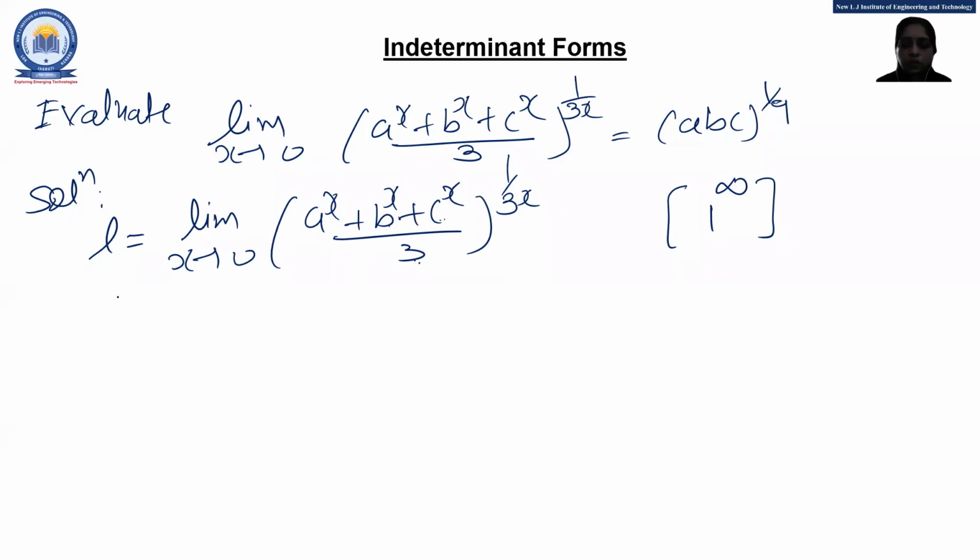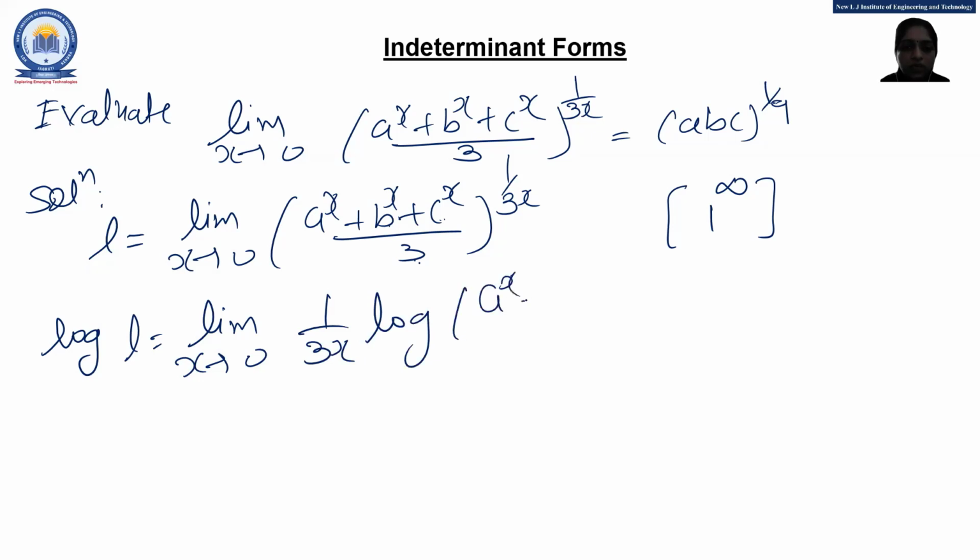As this is 1 raised to infinity form, as per the rule, we have to take log both the sides. So log L equals limit x tends to 0 of 1 by 3x times log of (a raised to x plus b raised to x plus c raised to x) by 3.